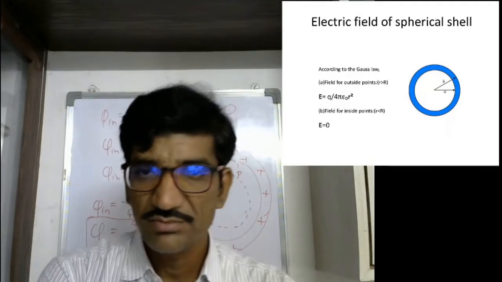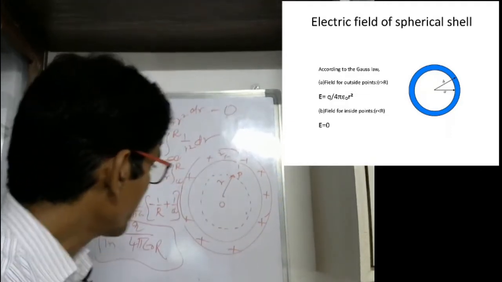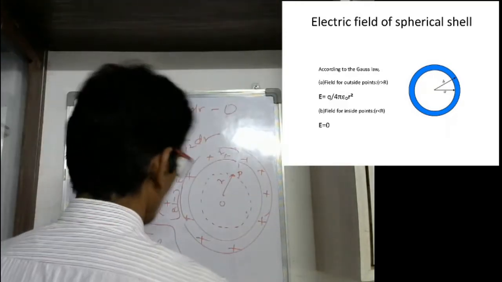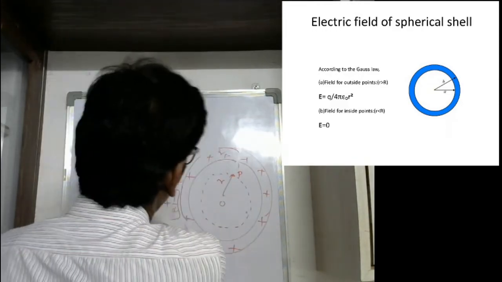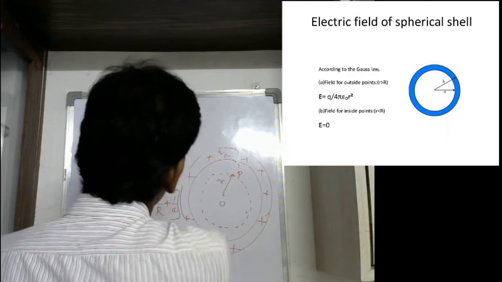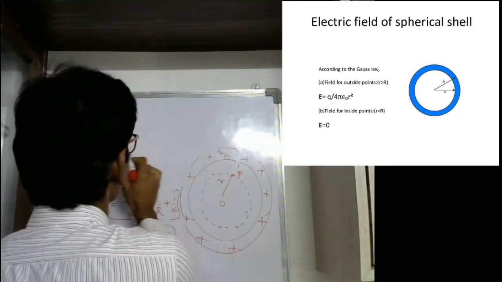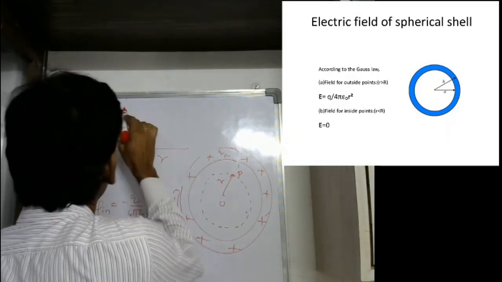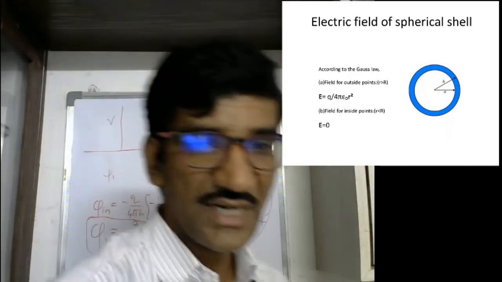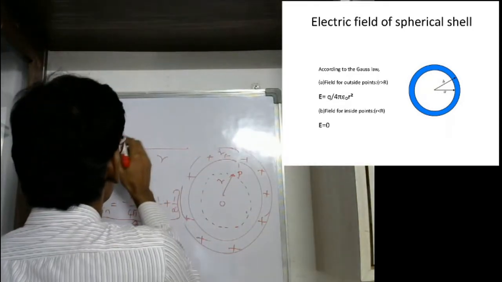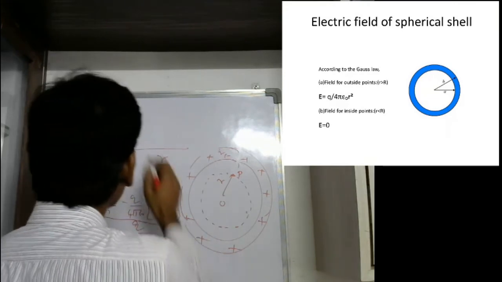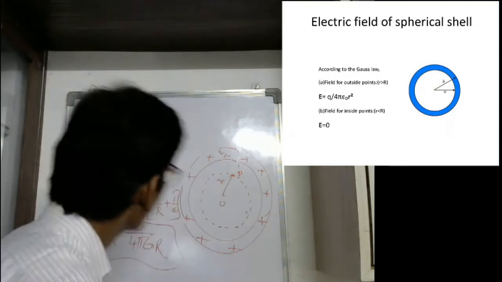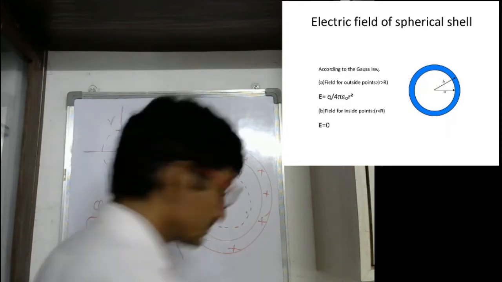Now, you see here, if you plot the graph between R and the potential, what will be the shape of this graph? For inside points, that means up to this point, this is a shell.